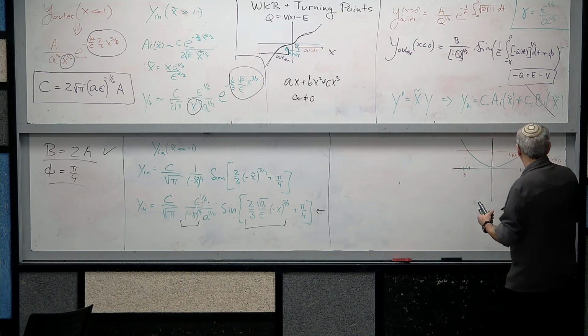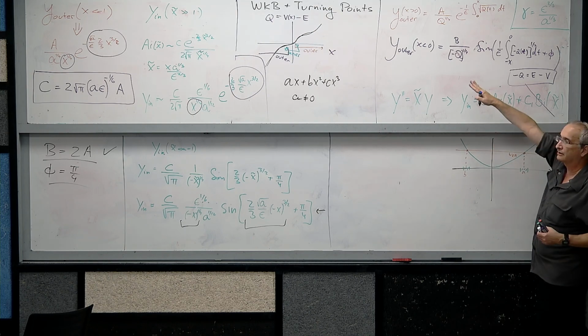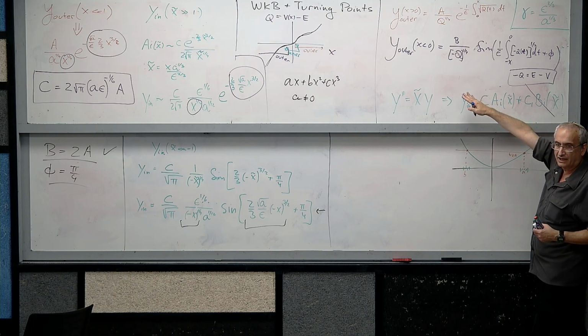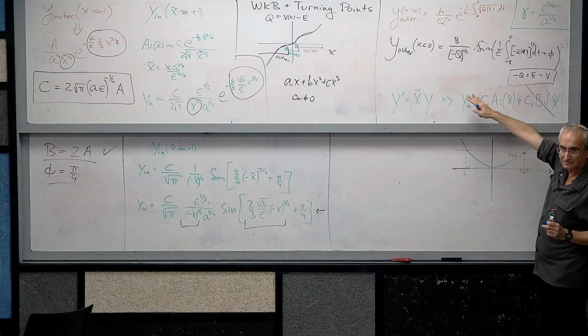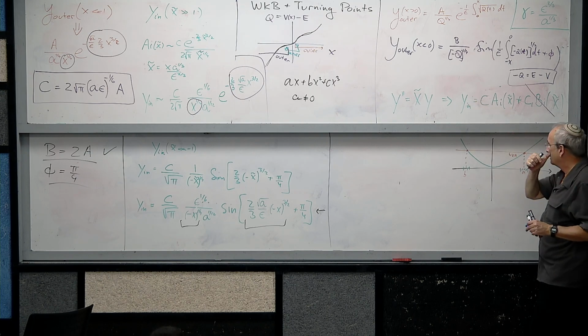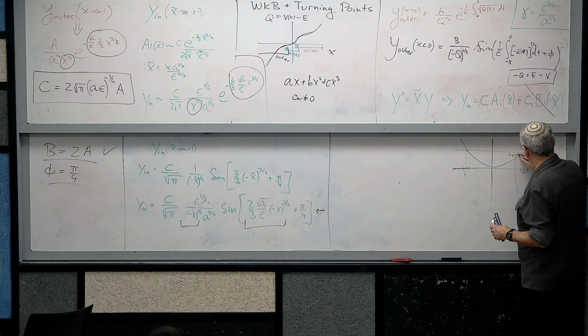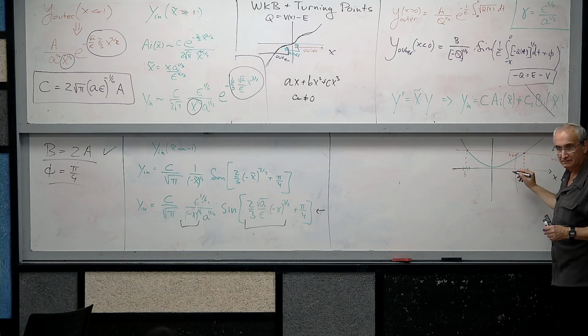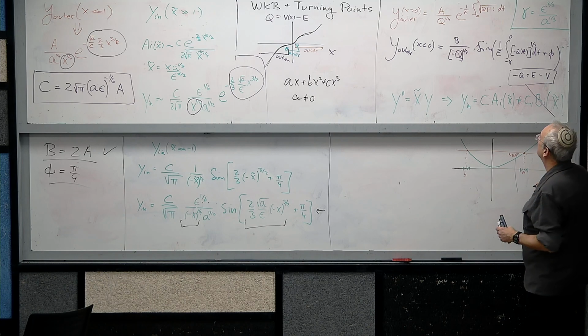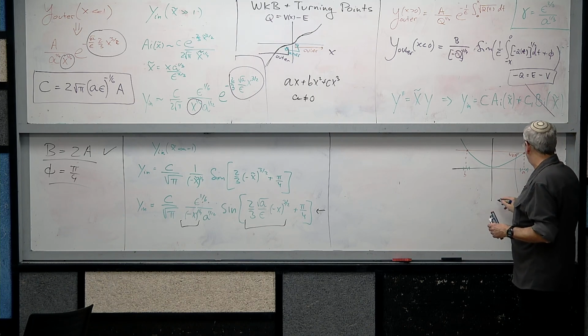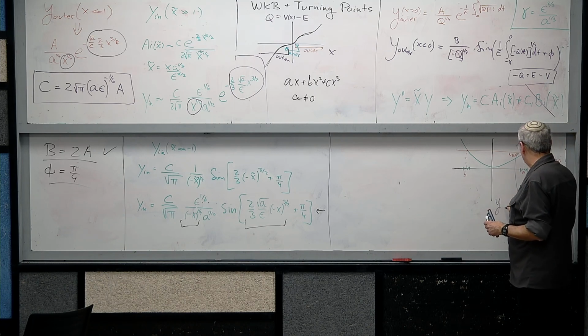First of all, here I can use exactly what I did, except that I will replace 0 by A. That's all. Okay? And I will find that the solution here, in this region, again, farther away from the turning point, okay, is y, let's call it y right.